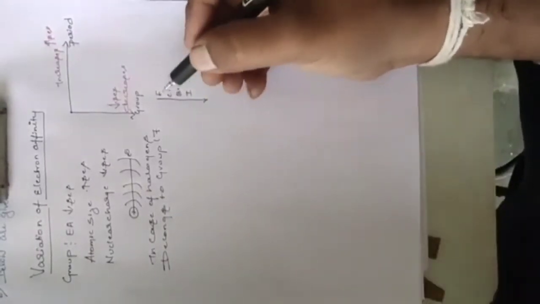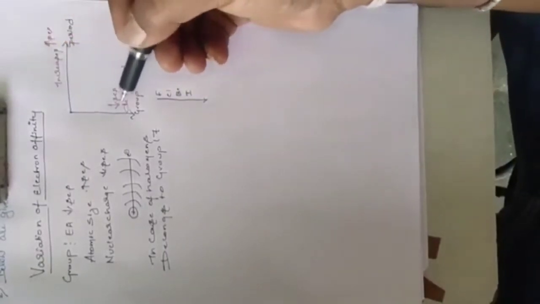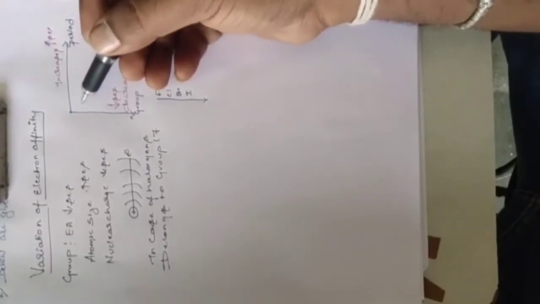You see, if you write the group: fluorine, chlorine, bromine, iodine. What I talked about, if atomic size goes top to bottom, the size increases and electron affinity decreases.